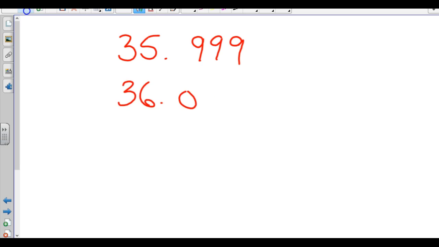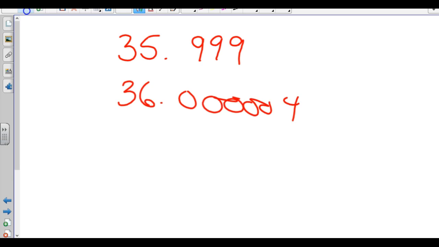Java does not handle mathematics with doubles perfectly. It has that issue with the round-off error. So what actually happens is I could either have 35.999 or 36.000004.